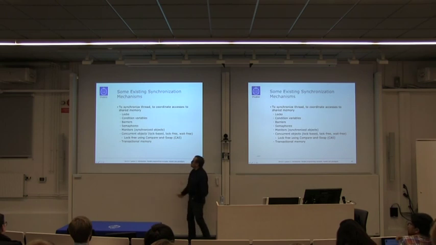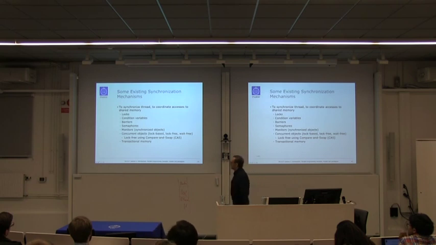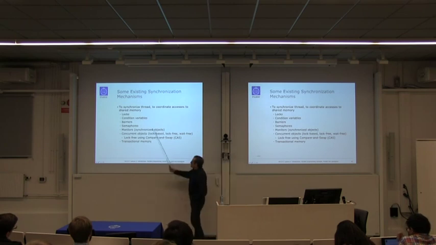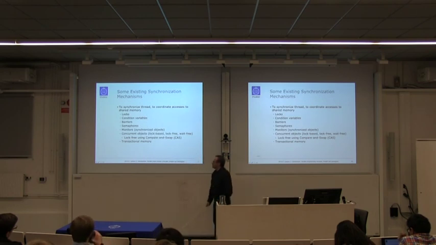Barriers, which are a collective synchronization: the threads wait at the barrier for all of them to arrive, and when all of them have arrived, they can proceed. Semaphores, which can be used as a combination of locks and condition variables.